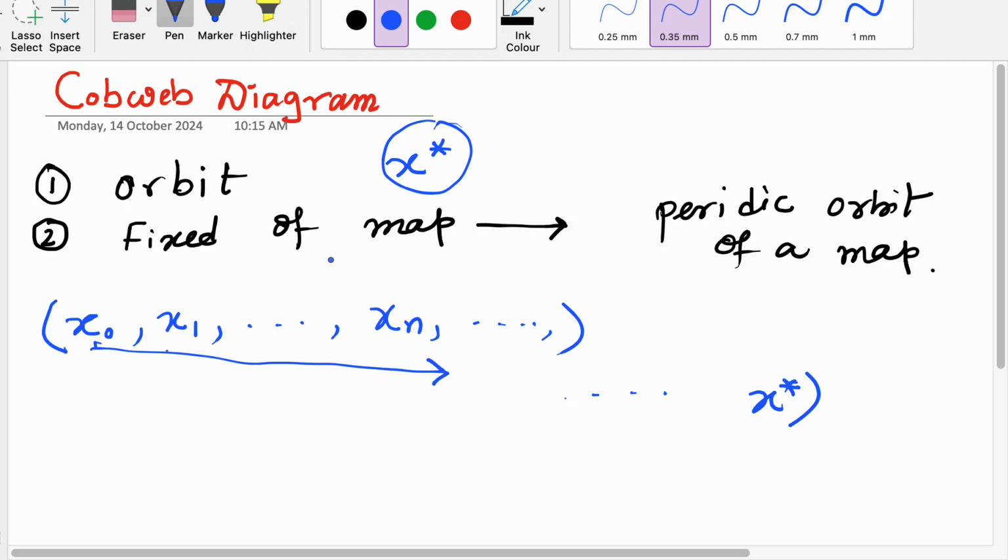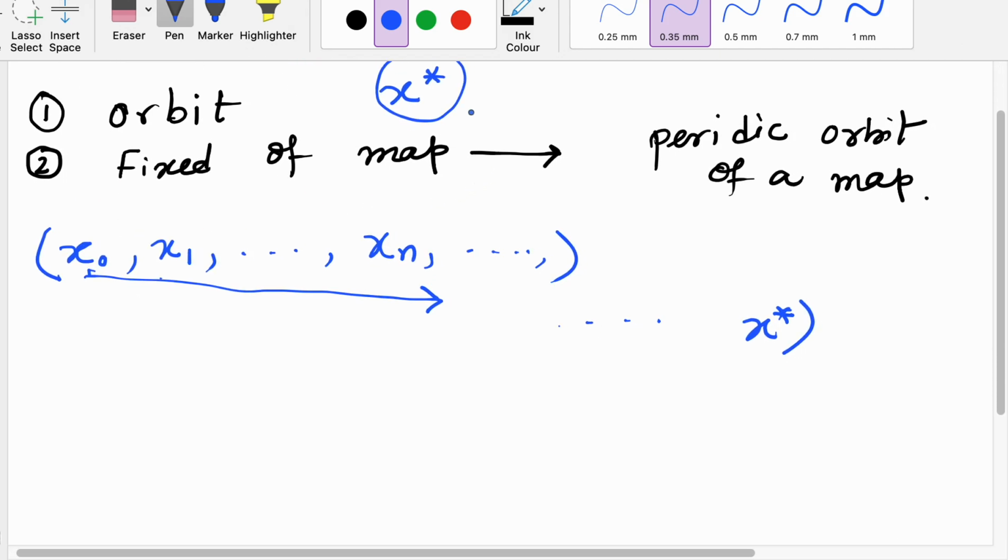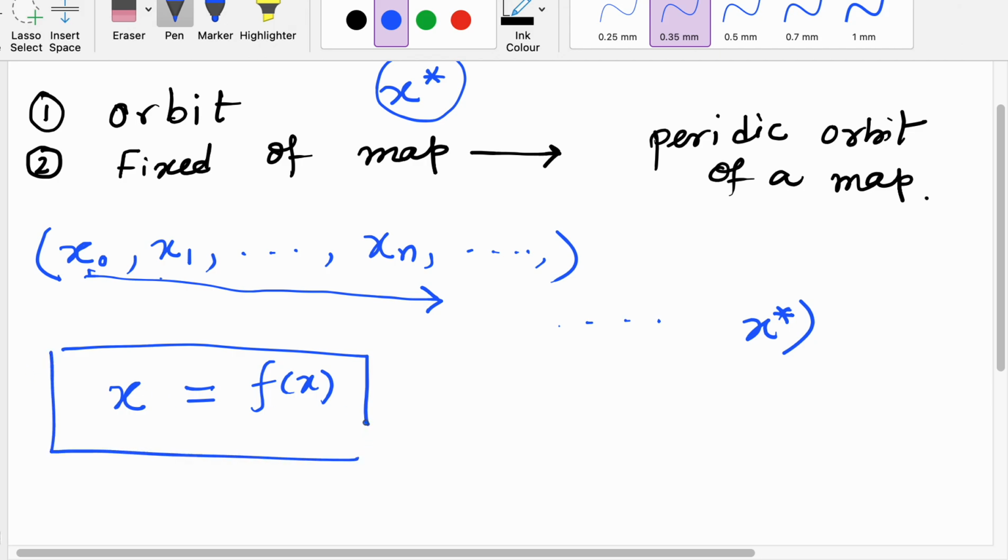Now we have seen how to calculate a fixed point. We have to solve the equation x equal to f of x, and if we can solve this equation, suppose the solution is x0, that solution is the fixed point of the map.